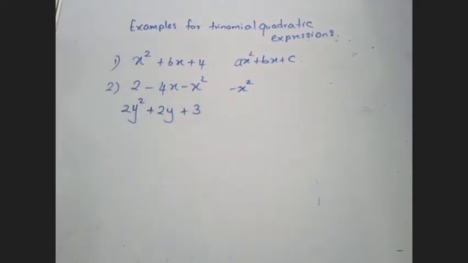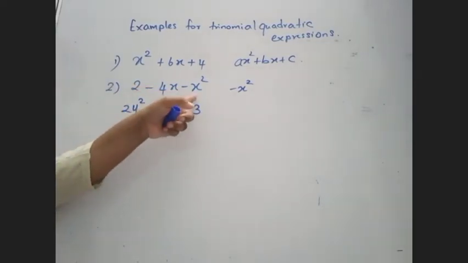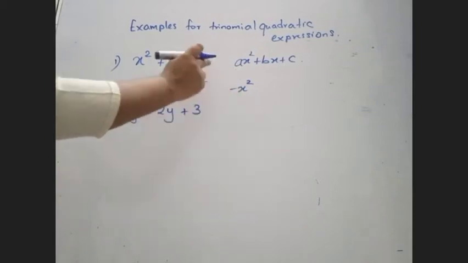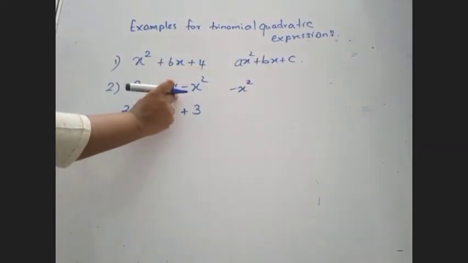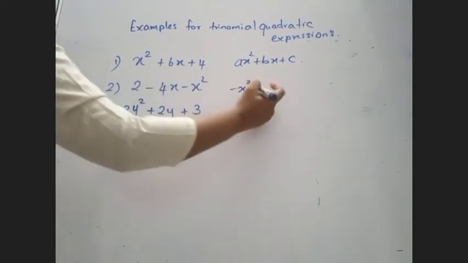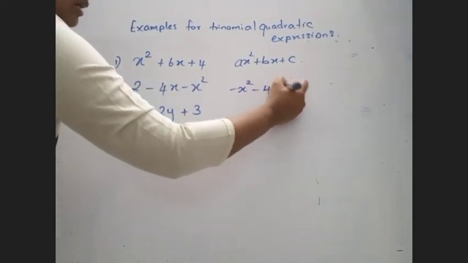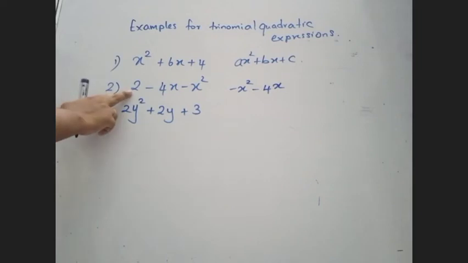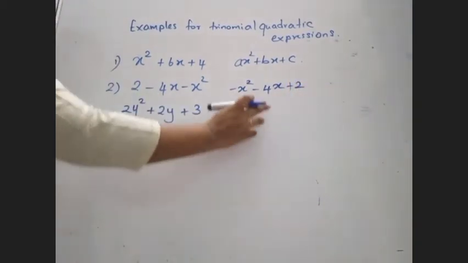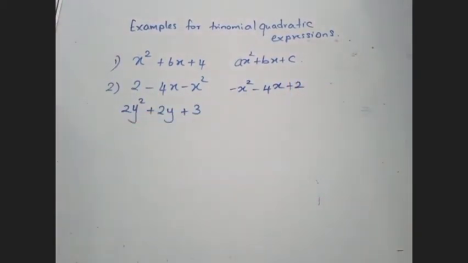Remember, the sign of this term is also very important. Next comes bx, the coefficient of x, which is negative 4x. And at last the constant value, which is 2. What's the sign? Positive 2, right? There's no sign, so it is positive. So now we have rearranged this expression.